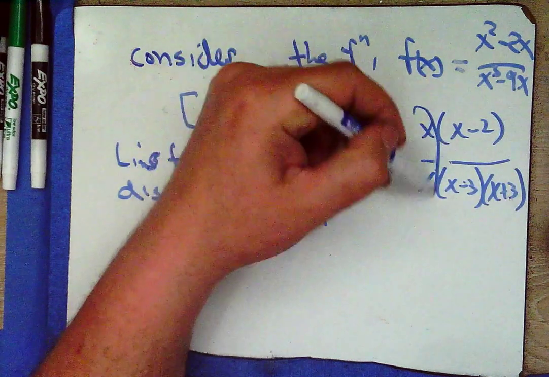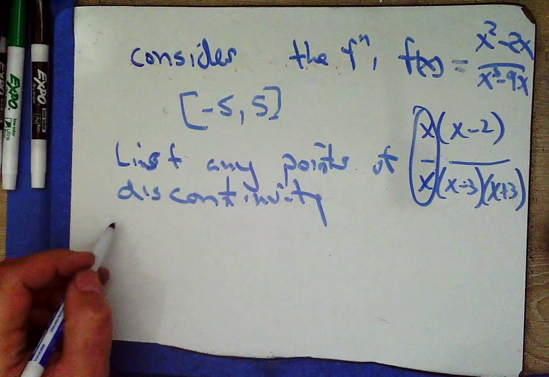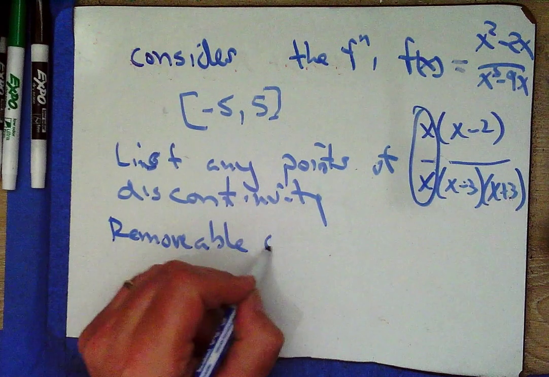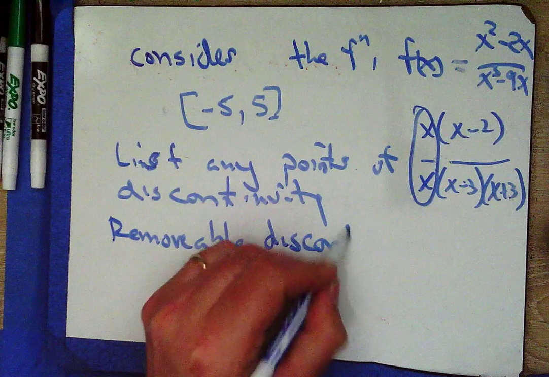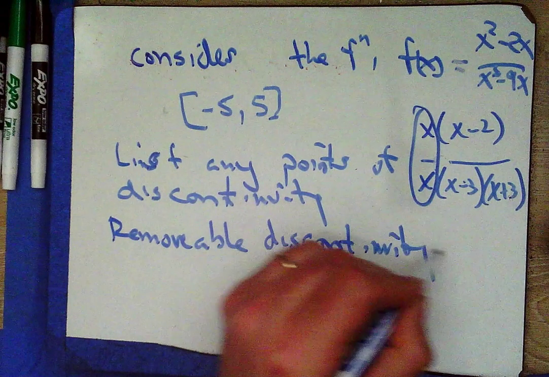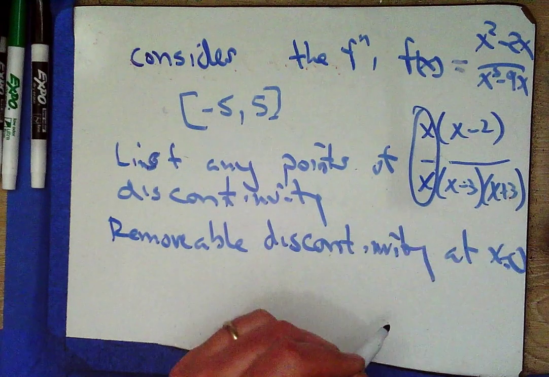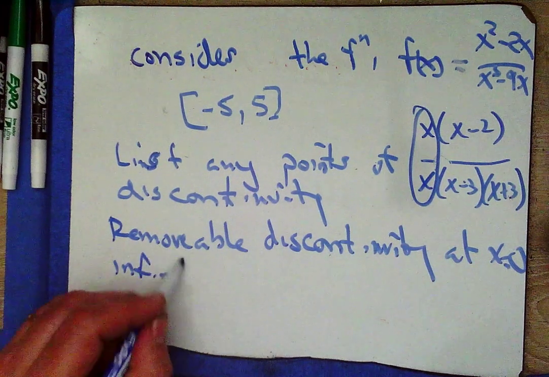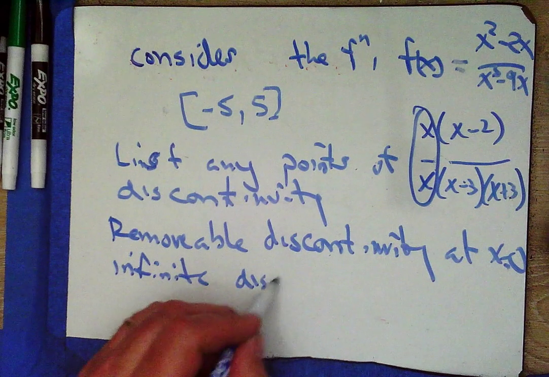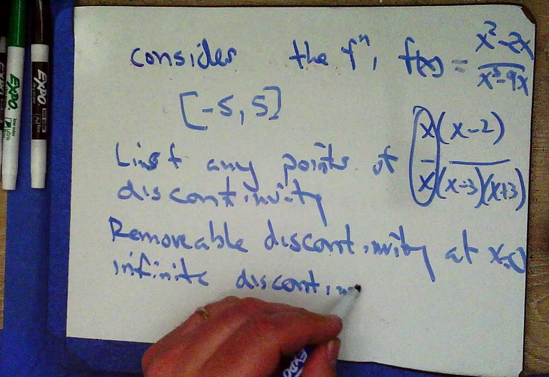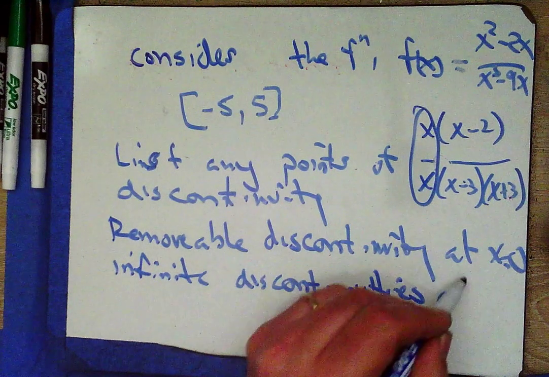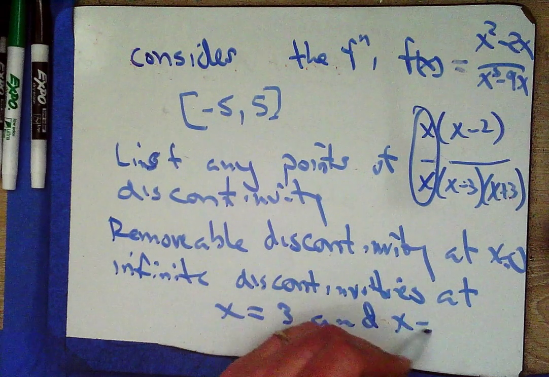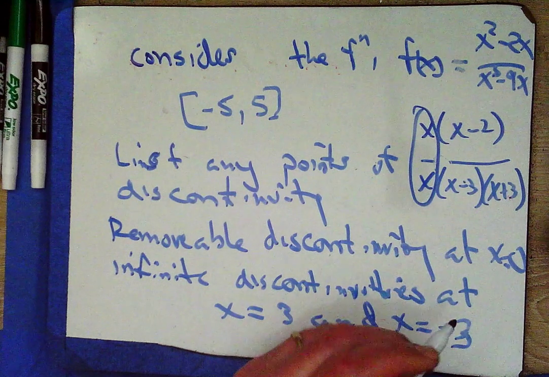Okay, look. There is a removable discontinuity at x equals 0, and there are infinite discontinuities at x equals 3 and x equals -3.